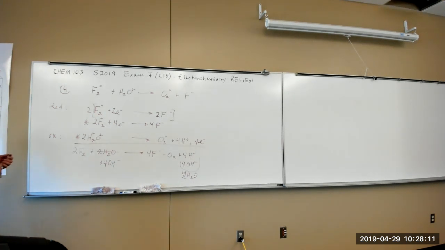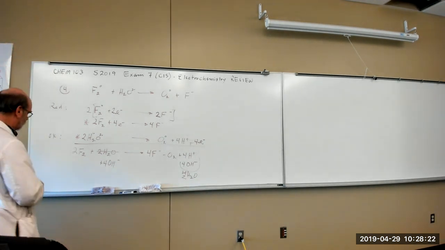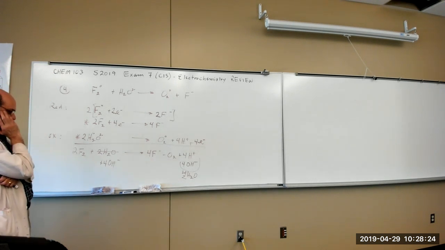I'm still back there. And so we end up with 2 F2 plus 2 H2Os yields 4 fluorines, 2 oxygens, 4 hydrogens. And then you said that this was the acidic solution.